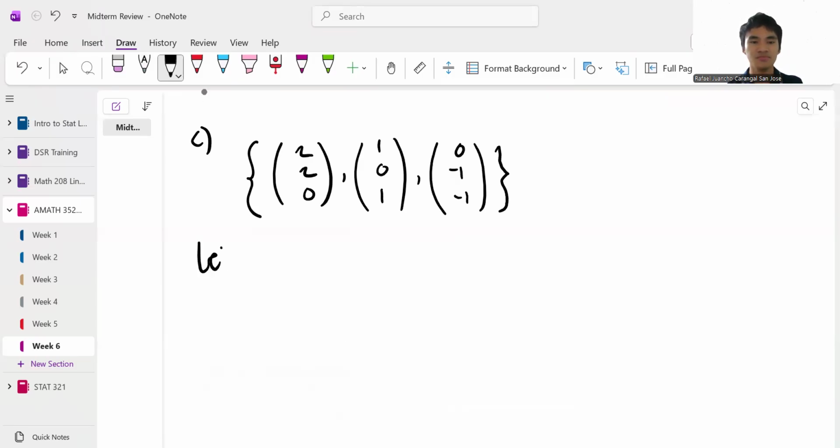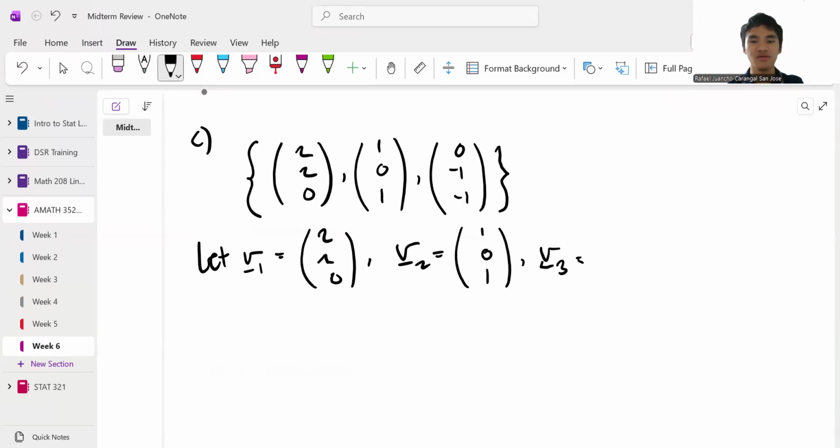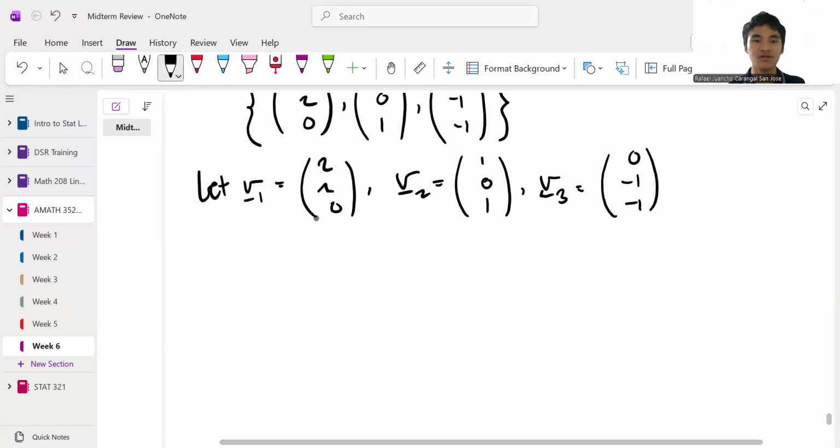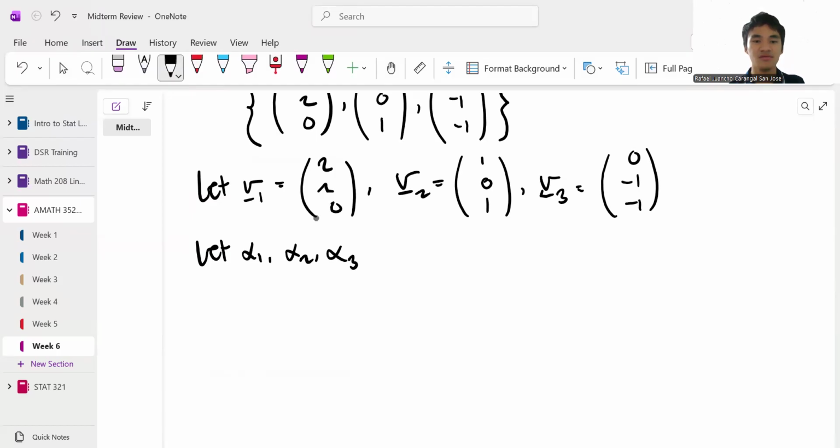So I'm going to let V1 be that first vector, V2 be that second vector, V3 be the third vector. And then from there, we let alpha 1, alpha 2, alpha 3 be scalars.